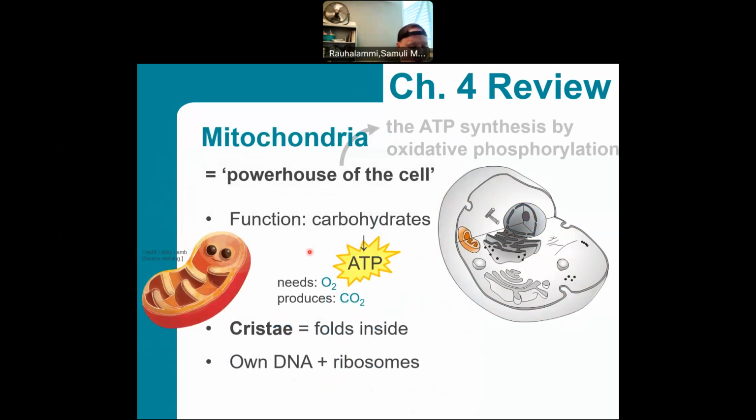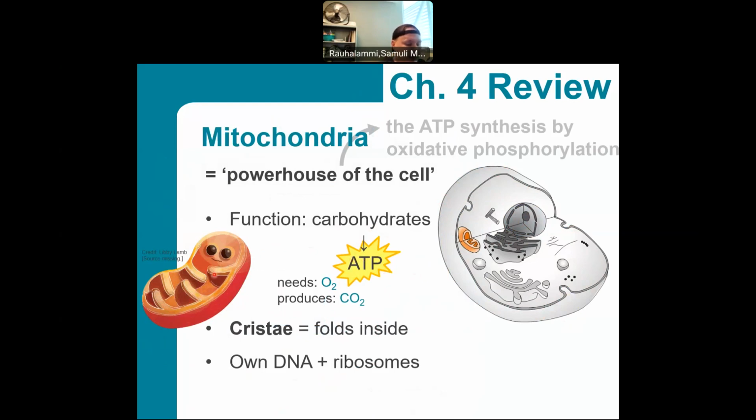Let's talk about mitochondria. We can find mitochondria in the cell. These are traditionally described as the powerhouse of the cell. That's where we convert chemical energy, or we convert carbohydrates, into ATP, which is the chemical currency of the cell and cellular processes.